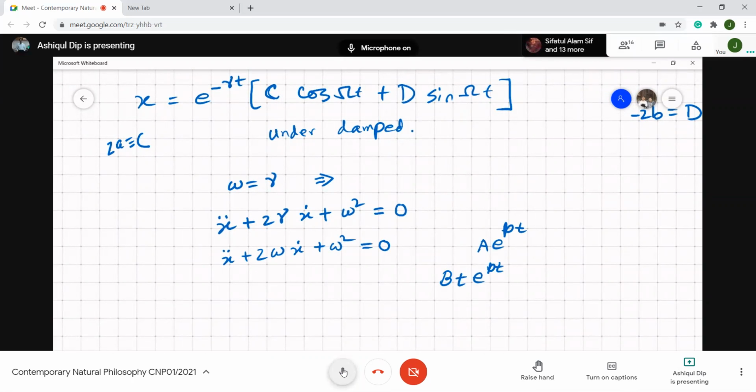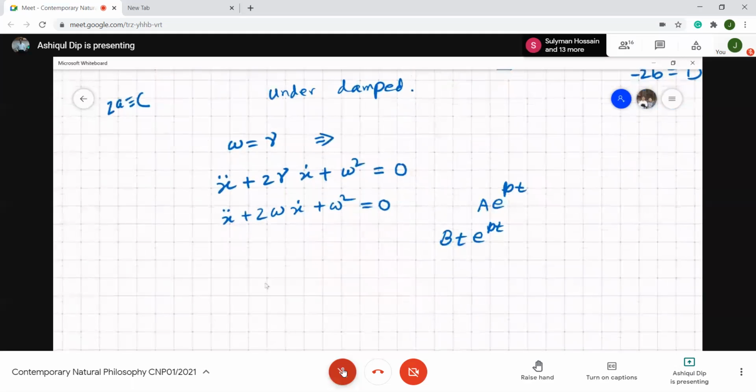Let's substitute and check. If you substitute this thing, what do we get?